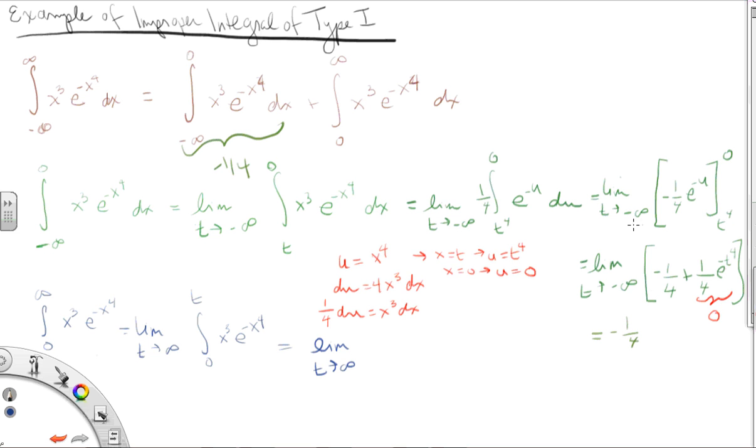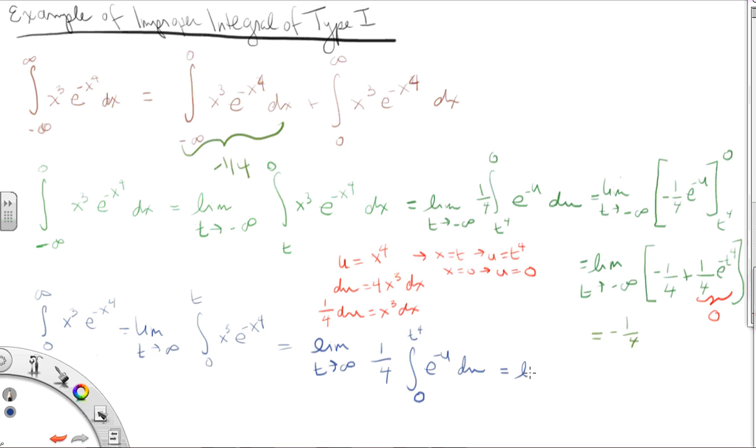So this is going to be the limit as t goes to infinity of 1/4 e to the minus u du. When x is equal to 0, u is equal to 0. When x is equal to t, u is equal to t to the fourth.